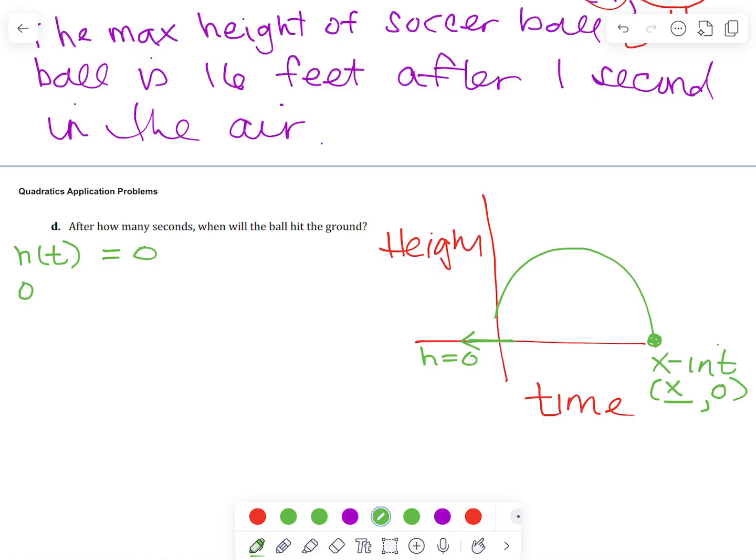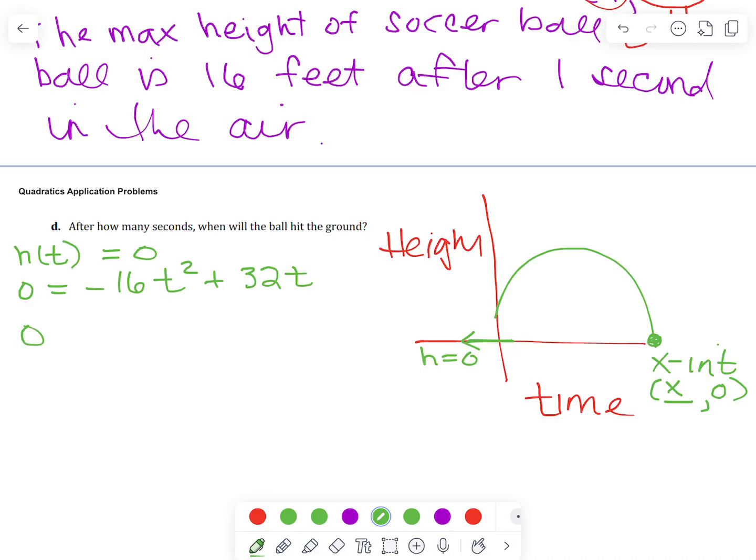So we say 0 equals negative 16t squared plus 32t. We've done some solving of quadratic equations by completing the square, factoring, and undoing, and that's what we're going to do right now. We're going to try and factor this, and we can factor this by greatest common factor.